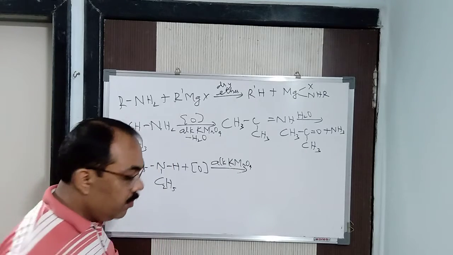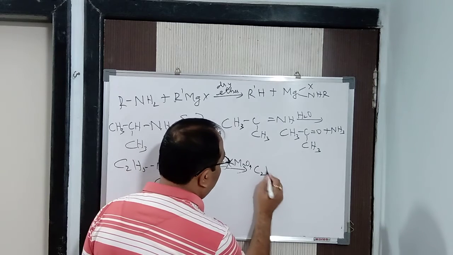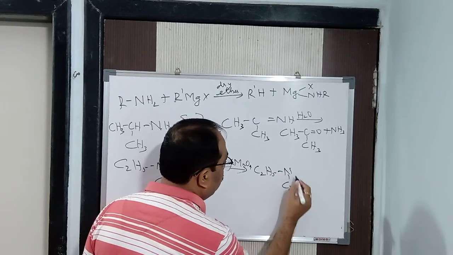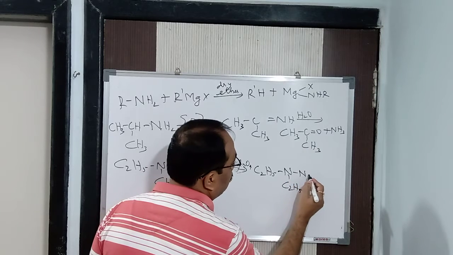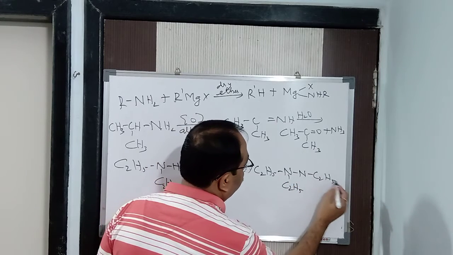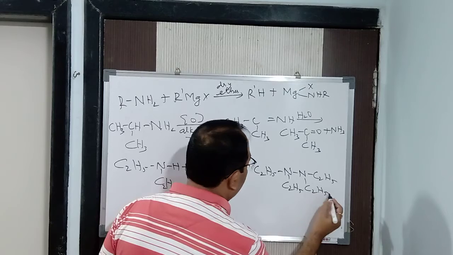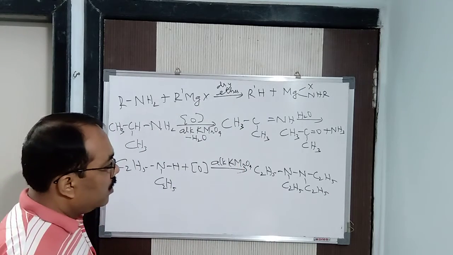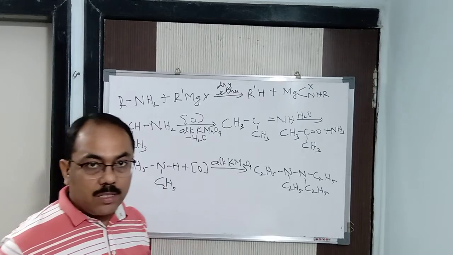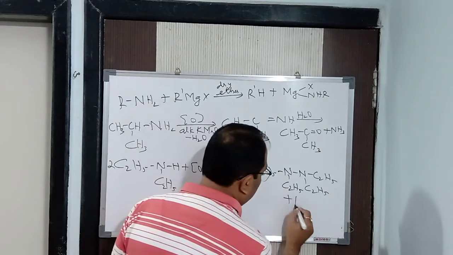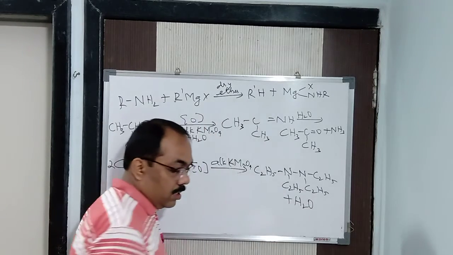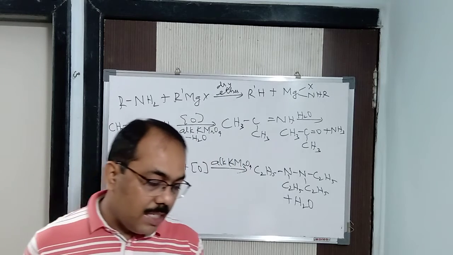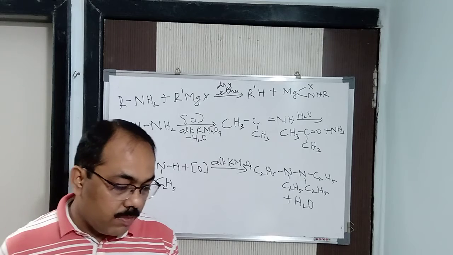So hence you will be getting here C2H5N(C2H5)-N(C2H5)C2H5. So here two molecules you will be using, and water will be released, plus water you will be getting. Further, with secondary amines, you got this particular product.